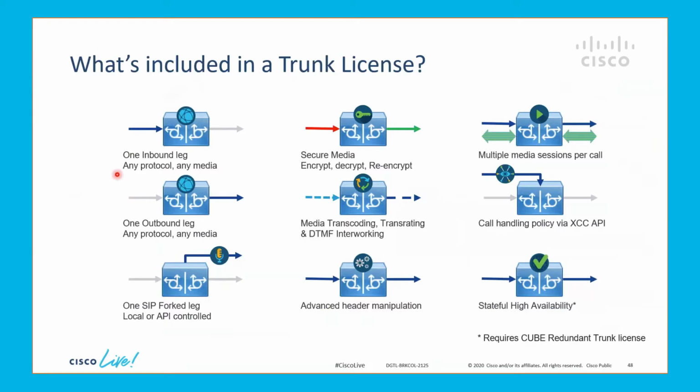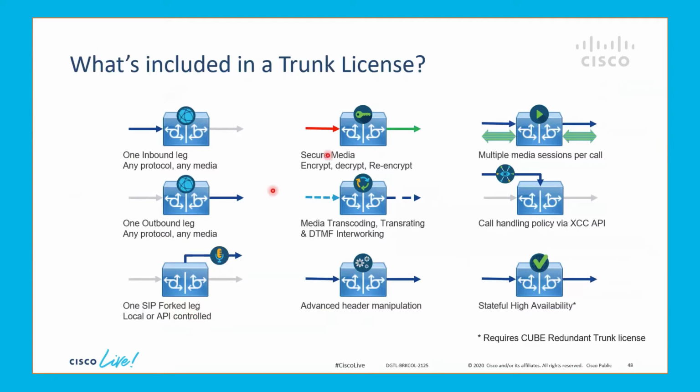In the trunk license, we showed the deployment use case terminating SIP trunks with the service provider. You can see it includes an inbound leg, any protocol, any media type, an outbound leg for that inbound call, and you can also fork that call to a call recording server using SIPREC or an API control.